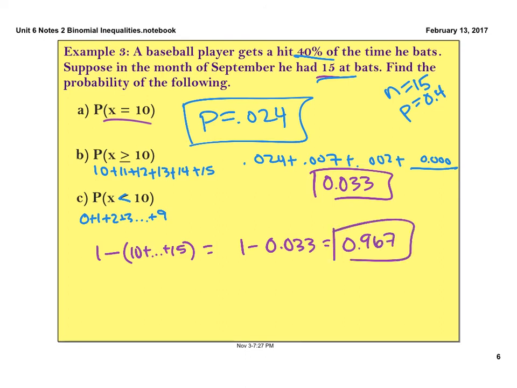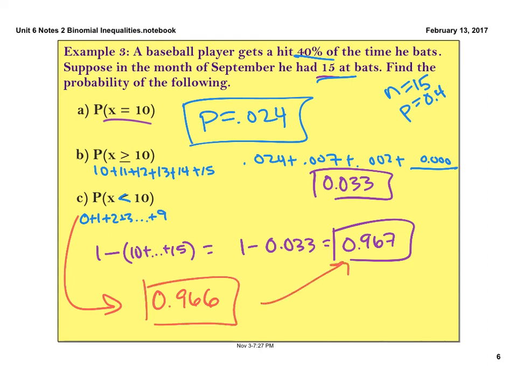Now, I happen to have done this math before, and I know that when I add the 0 all the way up to the 9, I'll come down and make a new line here. The 0 all the way up to the 9 gives me 0.966, which is not exactly the same as the 0.967. But again, we talked about how when you're rounding these things down to 0, that doesn't mean they were actually truly 0. It just means that they rounded to 0.